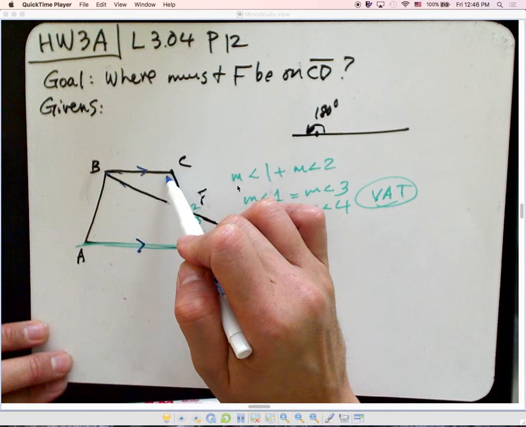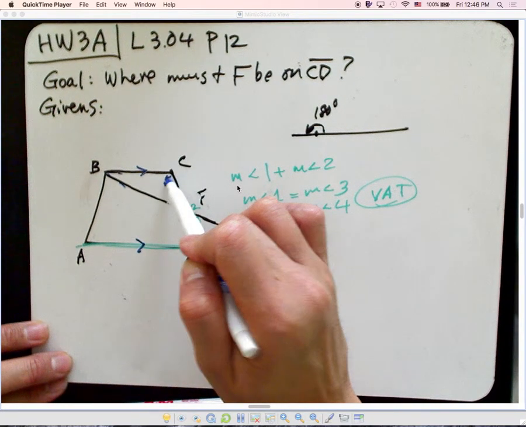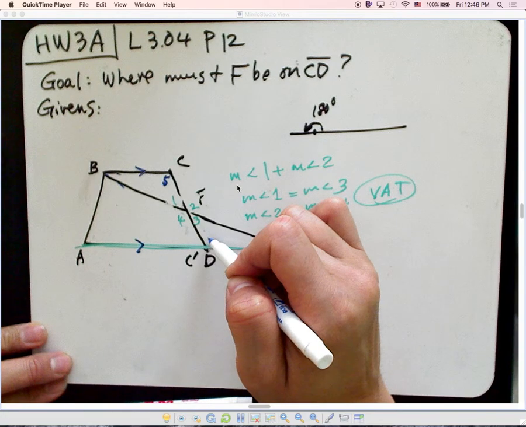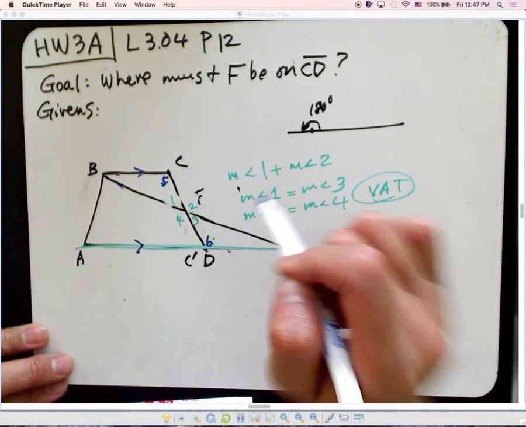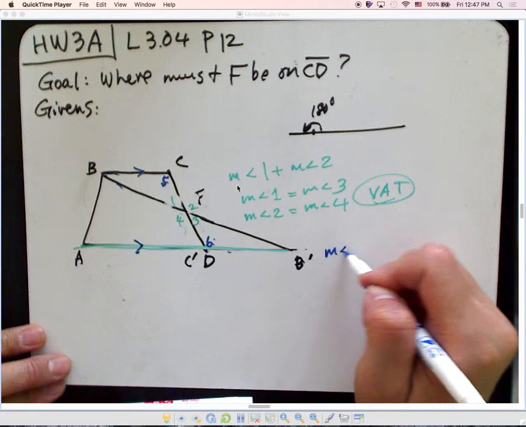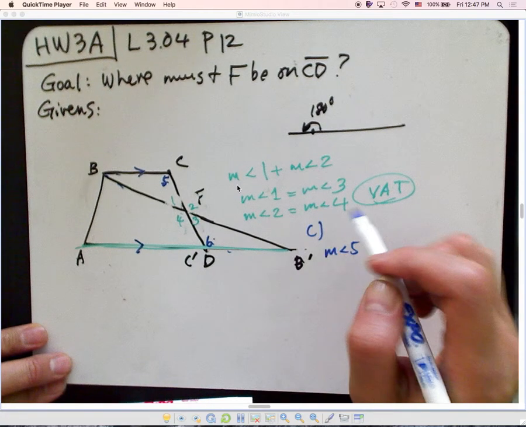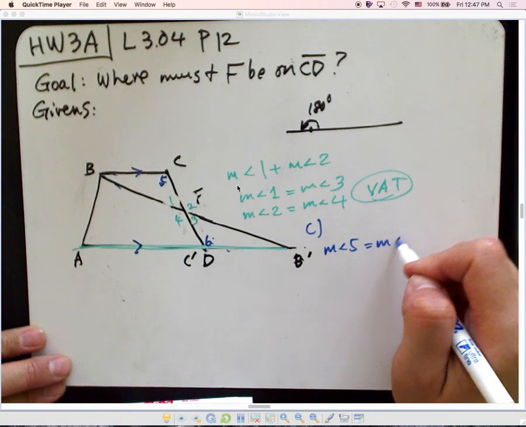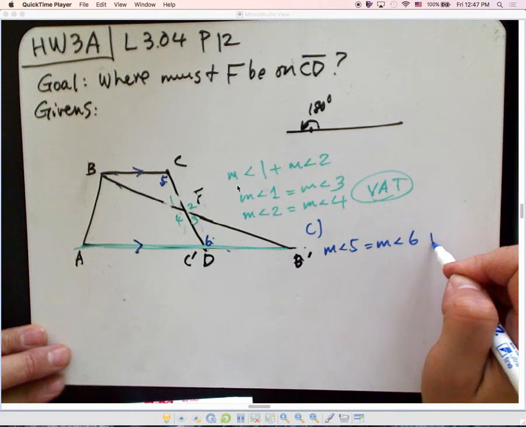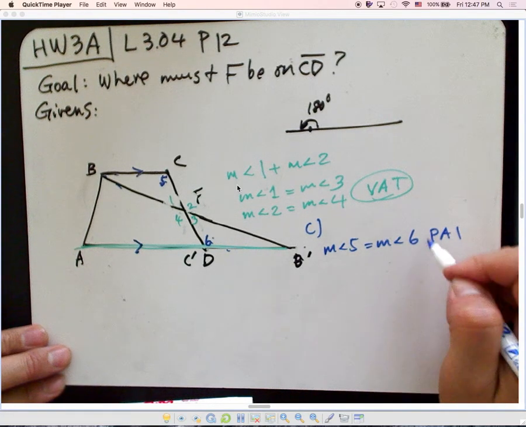So this angle 5 right there, and angle, let's say 6, these are congruent by PAI. So this is part C, by the way. Measurement angle 5 is equal to measurement angle 6 by the PAI theorem, right?